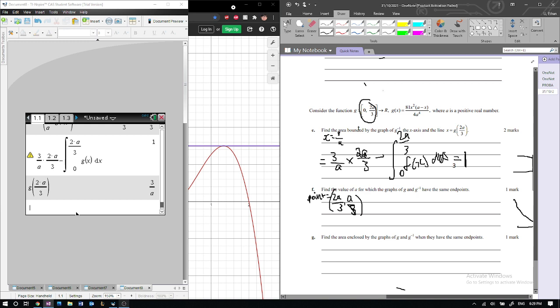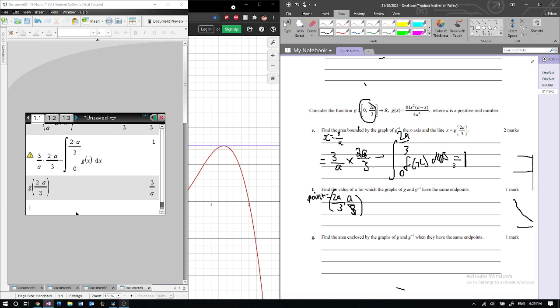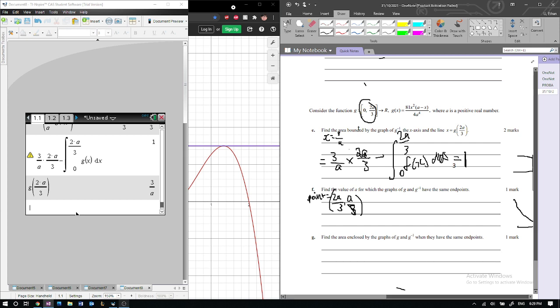Okay, so you have that, and then you sub those values into the inverse equation, right? Because we know that those are the endpoints for the first equation. So to find the same endpoints for the inverse, you just sub them in. But remember, it's reverse. So instead of y equals x, I have x equals y. For g of y, sub in g.